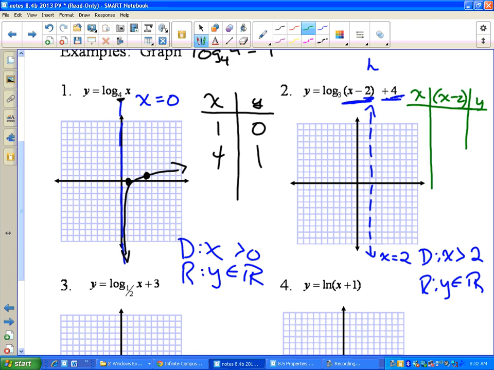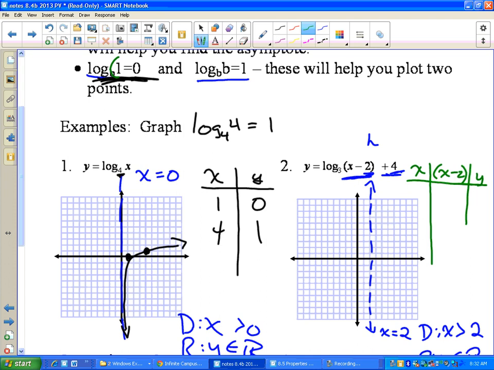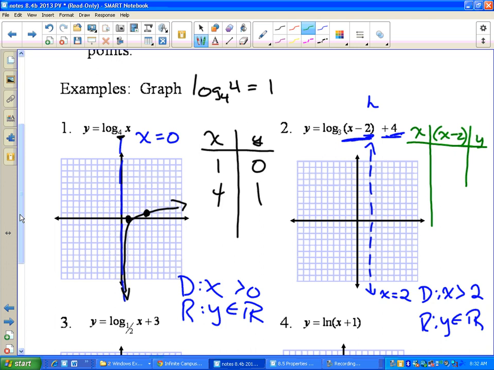This is the argument. What do I want the argument to be? Well, going back up to these bullets, I want the argument to be 1, and I want the argument to be b. So I want my argument x minus 2 to be 1, and I want it to be my base.